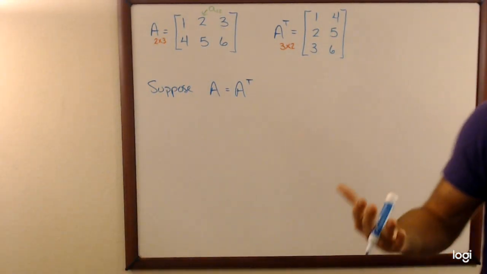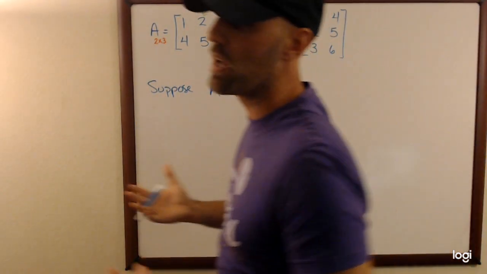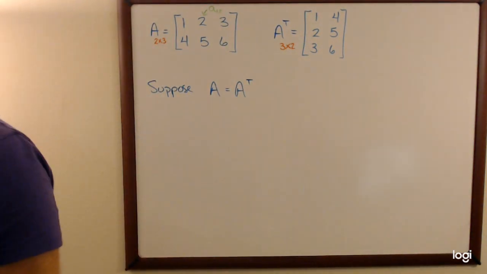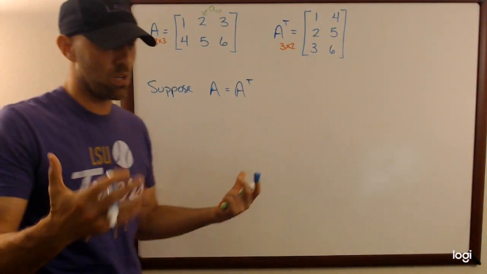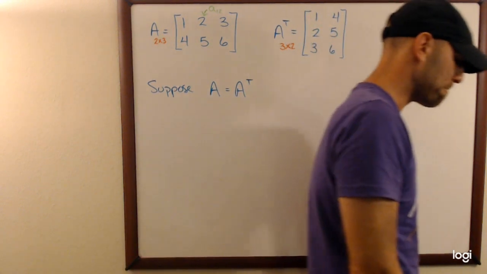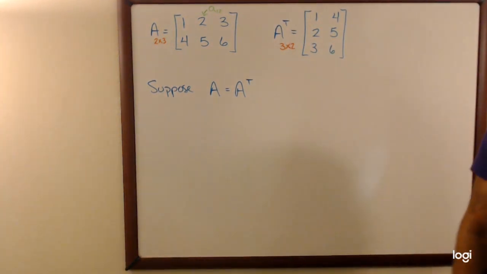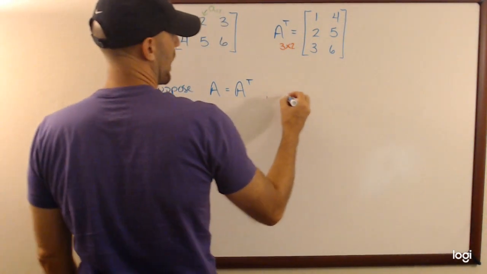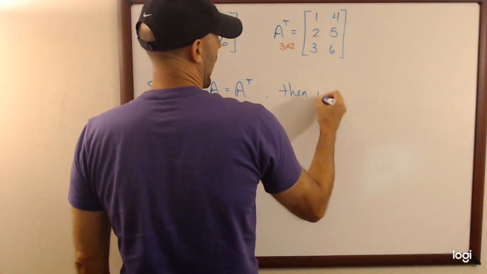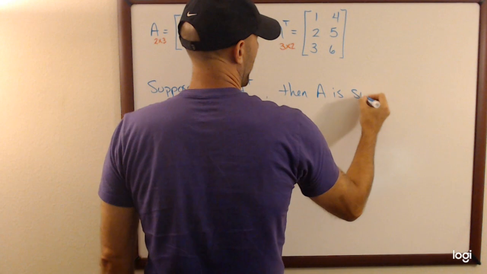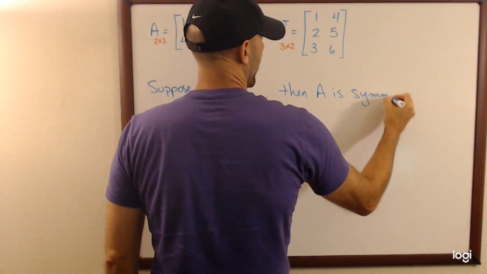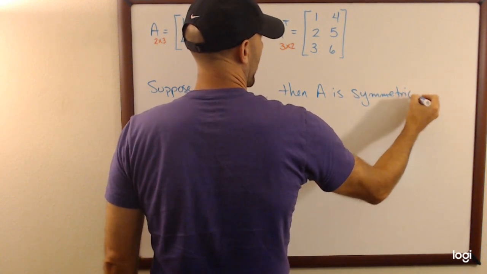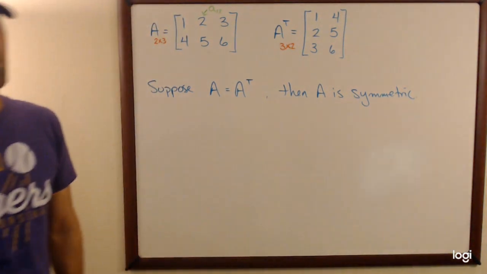I know some of the elements don't move, but it's possible that the elements I do move just end up in the same spot as an element of equivalent value. Is that possible? Sure. Well, what would we call this? We say then A is symmetric. A is a symmetric matrix.